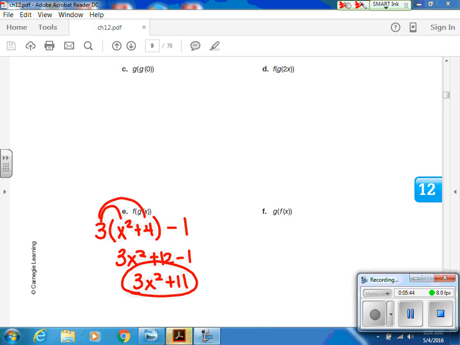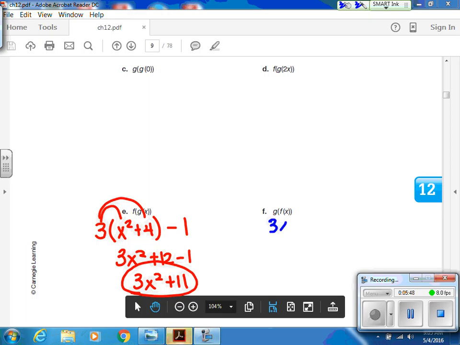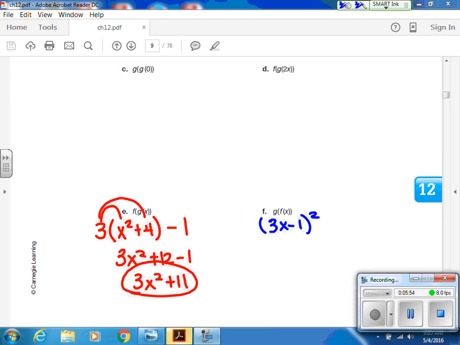Alright, now you try F by yourself. Now I'm going to have 3x minus 1 squared plus 4. Okay? Don't forget the plus 4. This is x squared plus 4. What's x? x is 3x minus 1. So when I square 3x minus 1, what do I get? 9x squared minus 6x plus 1, and then a plus 4.